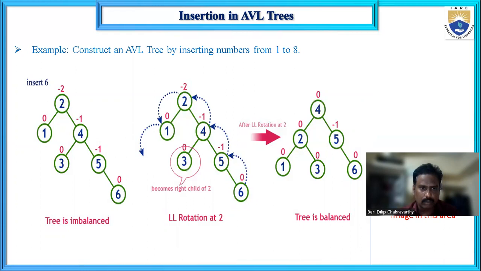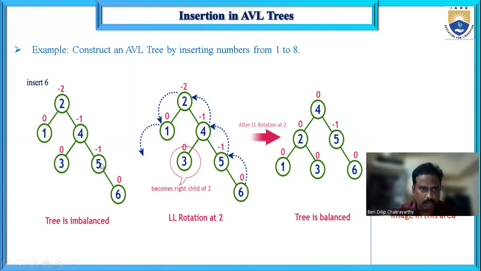Now I'm trying to insert 6. After inserting 6, I got imbalance here. I'm checking here, here, here, and I got imbalance here. Now I need to pick what type of rotation to do.